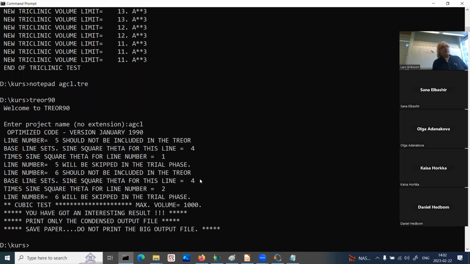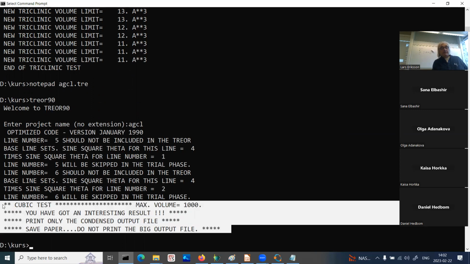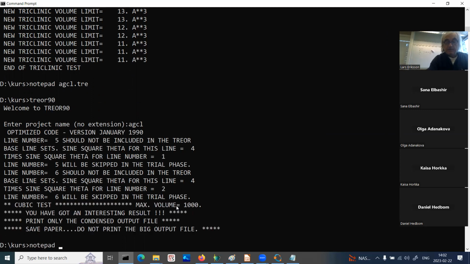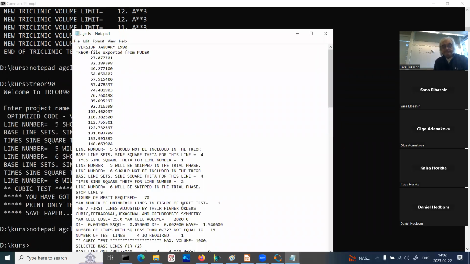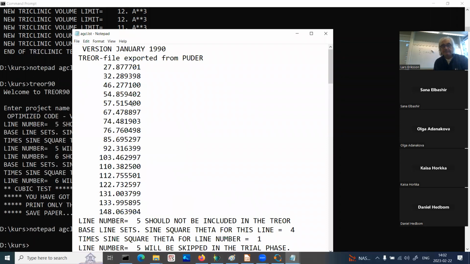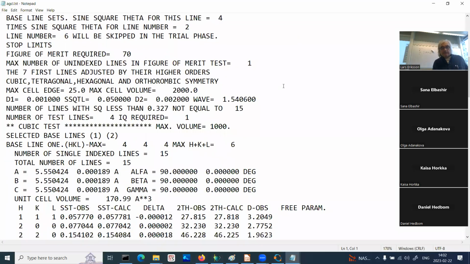Now we got another cubic test, and here we got an interesting result. Maybe we don't trust Treo anymore, and you shouldn't. Never trust a computer. Test 5.55.